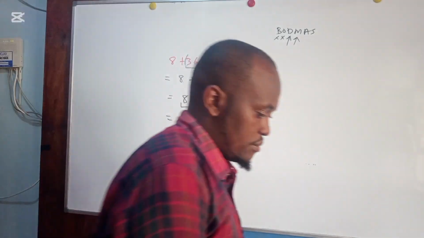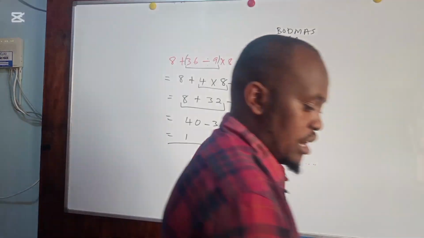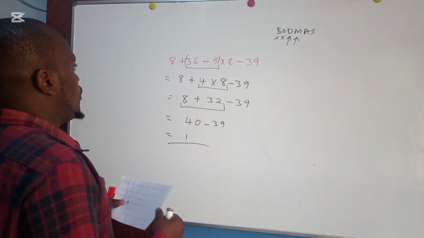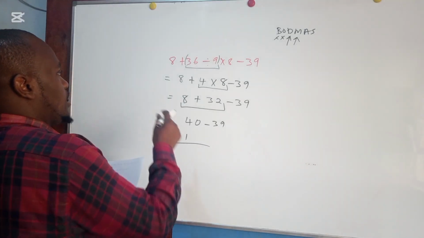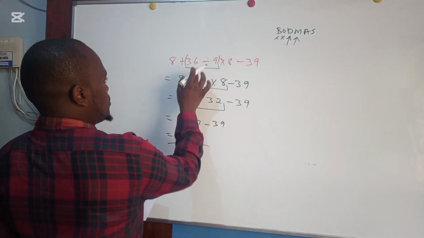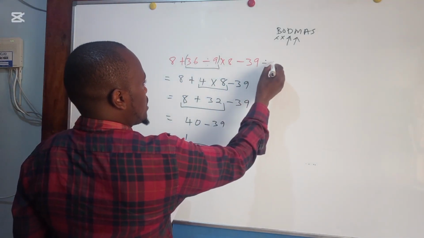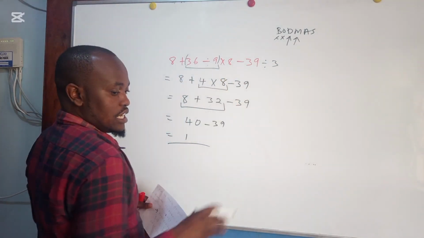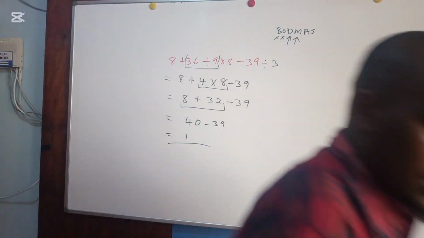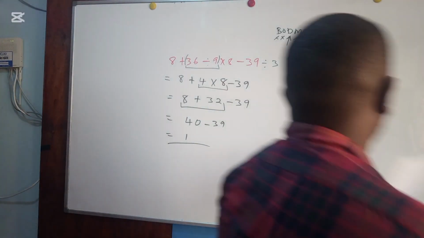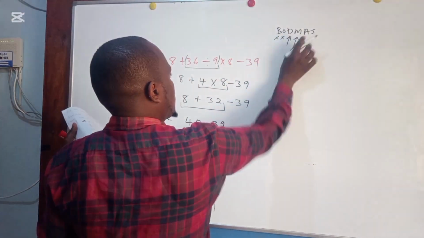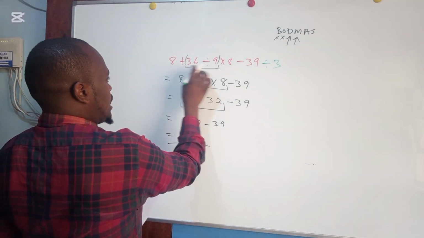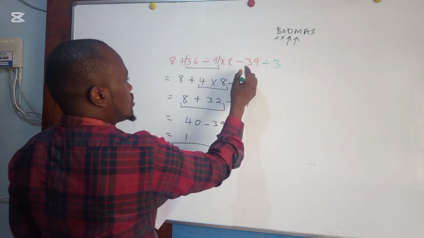If you have the next scenario, maybe if you have operations that are similar occurring at the same point, for example, this is division and maybe you have divided by 3, you solve them at the same time. This is just a scenario I'm giving. If there was a divide by 3 there, I would have underlined this, solved it to 4, and also underlined this one too at that very point.